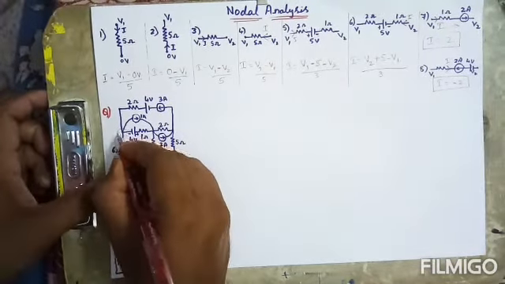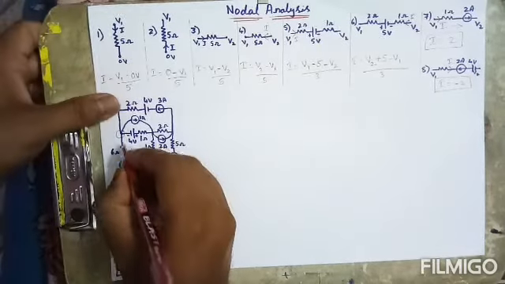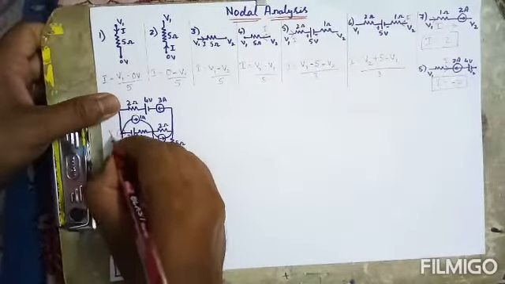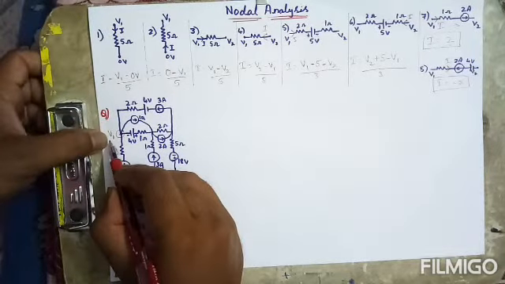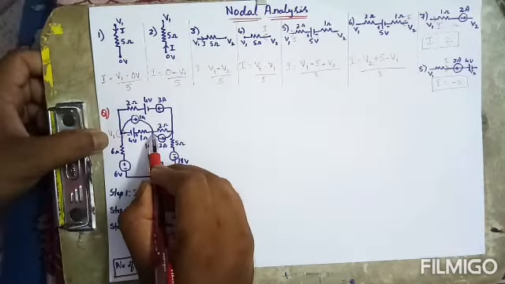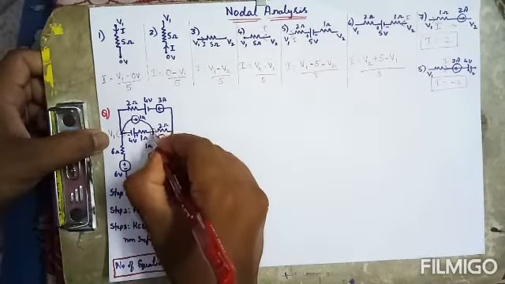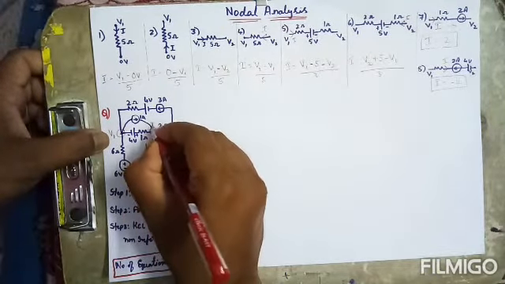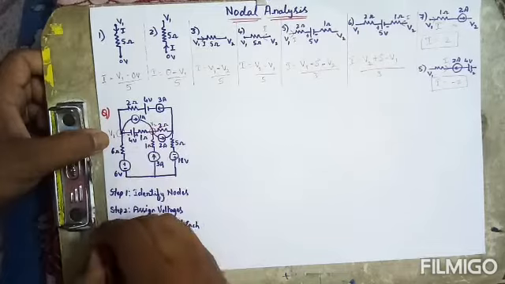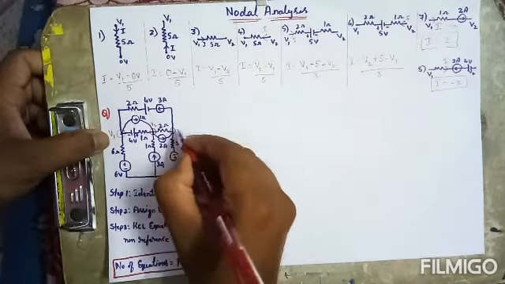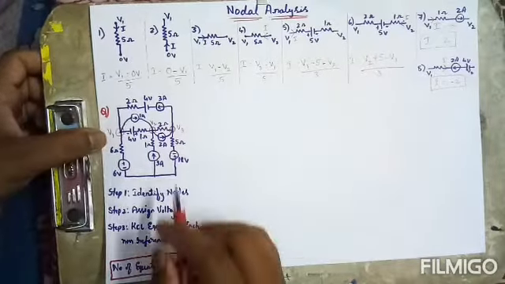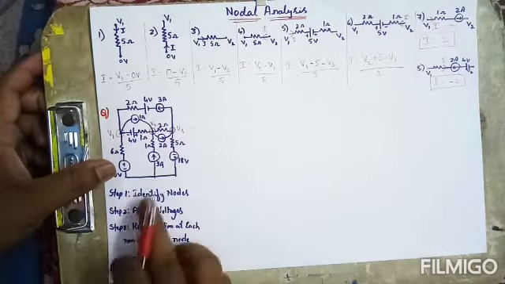So this will be considered a node, and for simplified understanding I will name this V1. And we have another node here. Let me name this node V2, and this node we can take as node V3. So here we have 3 nodes, and this is one more node.